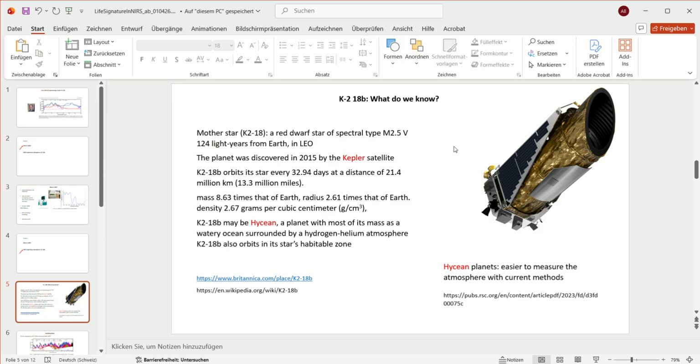So what you do is you take two spectra, one of the star without the planet and one of the star with the planet in front. And then if you see reliable differences between these two spectra, you assume that it's due to the planet that is moving in front of the star.